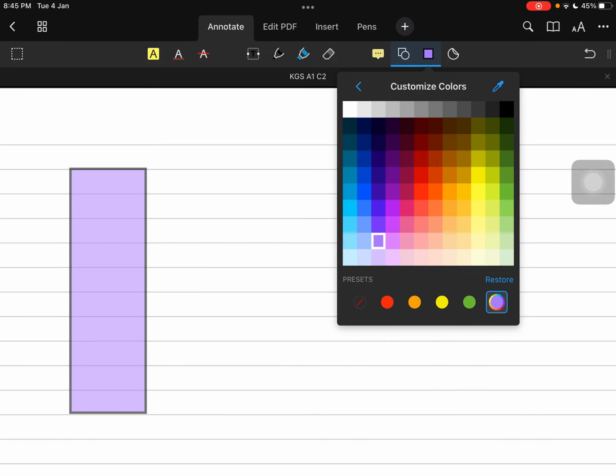The periodic table has been divided vertically into groups. So this is group 1, group 2, group 3, group 4, group 5, group 6, group 7, and group 8 over here.